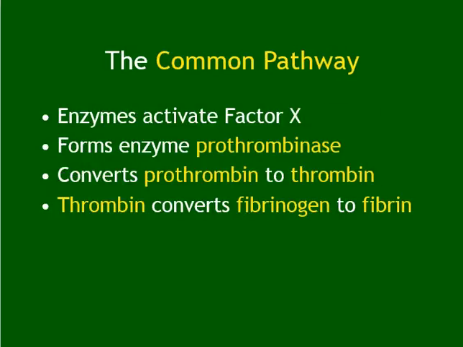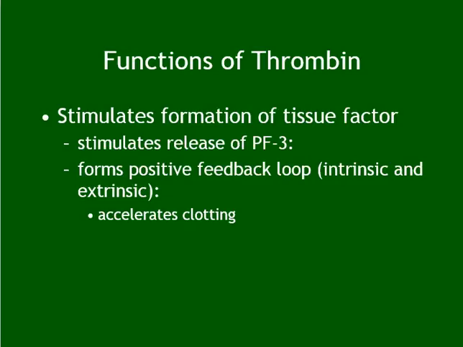Whether you start from extrinsic or intrinsic, you will go to the common pathway anyway. Whatever the reason is, you will end up activating factor 10. Factor 10 will form prothrombinase, which will convert prothrombin to thrombin. Thrombin will convert fibrinogen to fibrin. Fibrin will entangle the platelets, making the platelet clot.